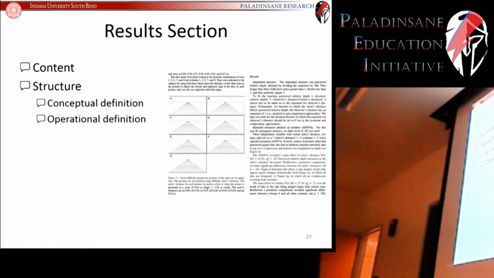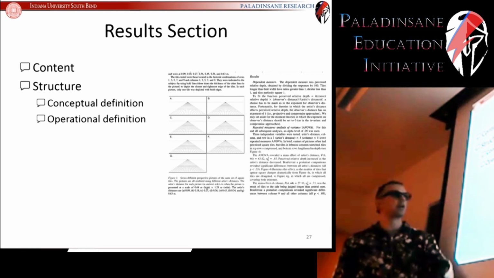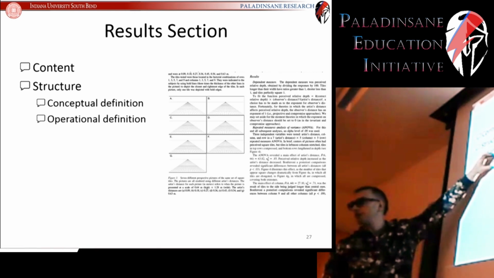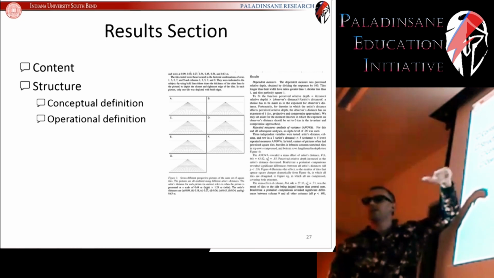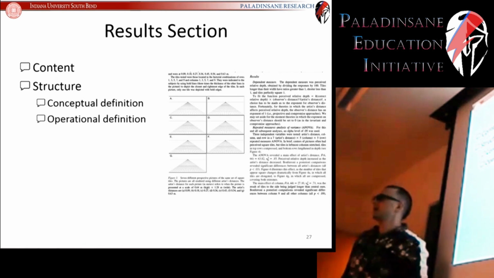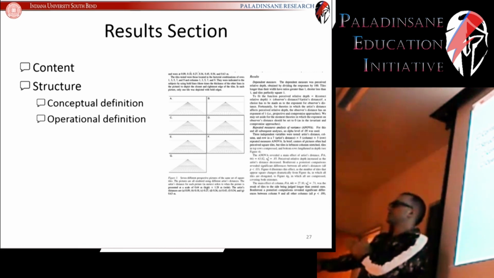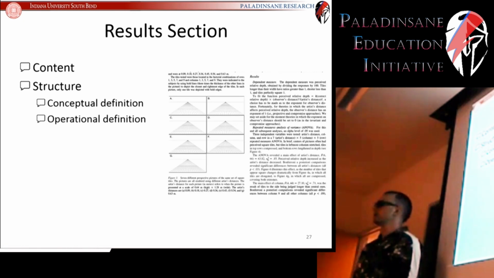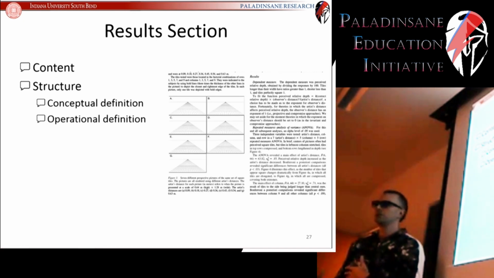We're also going to give the reader the operational definition. So we're going to say this is the concept we were trying to measure, and this is how we measured it. So how did we get to the numbers that we have? When we say that percent recall was 74%, how did we get to that 74%? How do we get to that actual number?